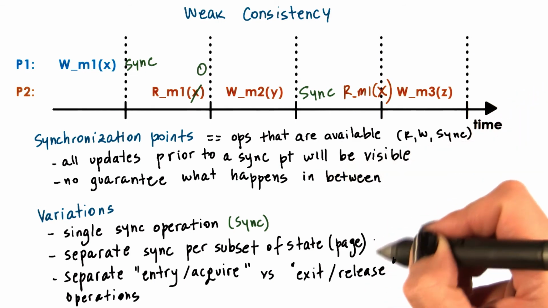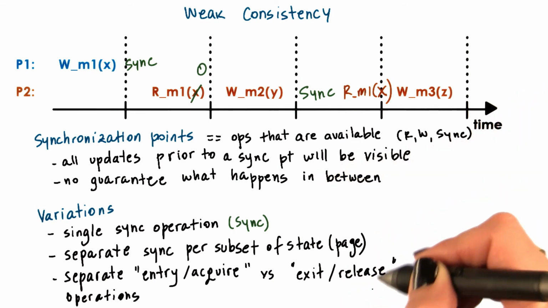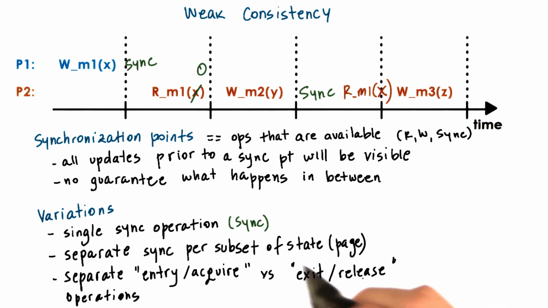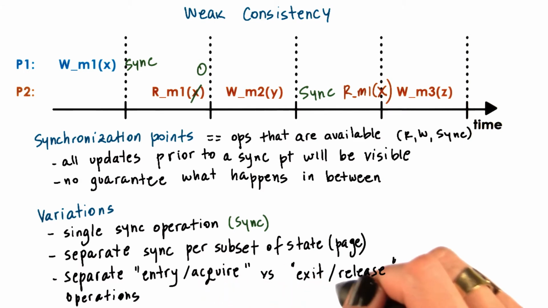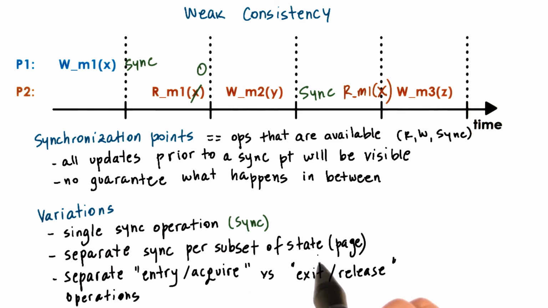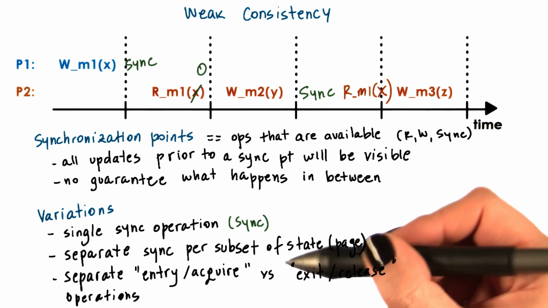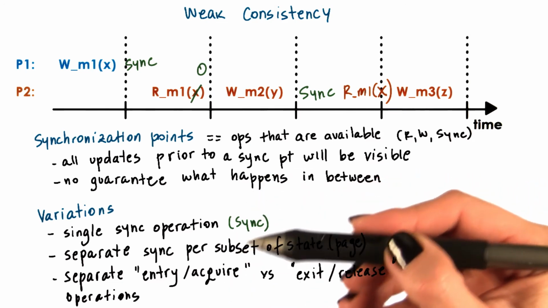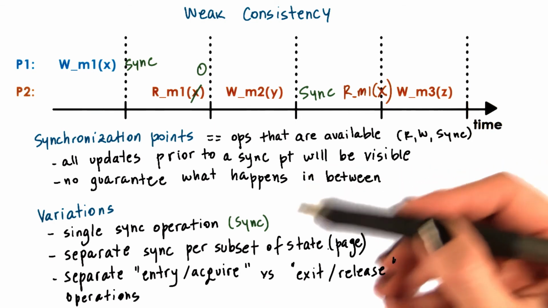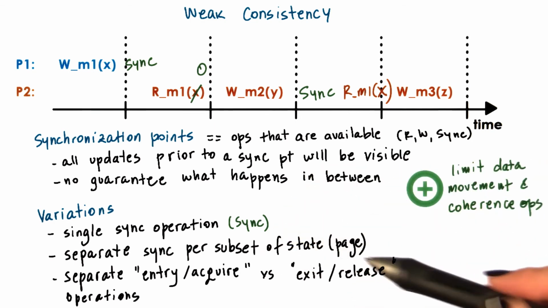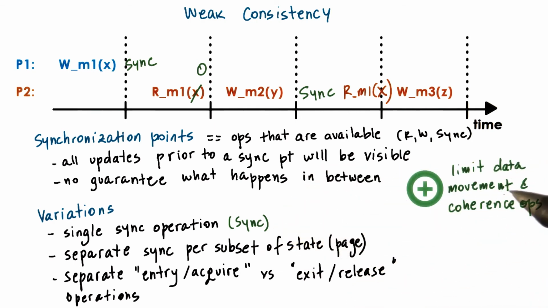The idea with these finer-grained operations, or these mechanisms to really directly control what kinds of messages will be sent by the underlying state management system, by the DSM layer, at a particular point of time, is to make sure that the system controls the amount of overheads that are imposed by the DSM layer. The idea is to limit the required data movement, the required messages, and coherence operations that will be exchanged among the nodes in the system.